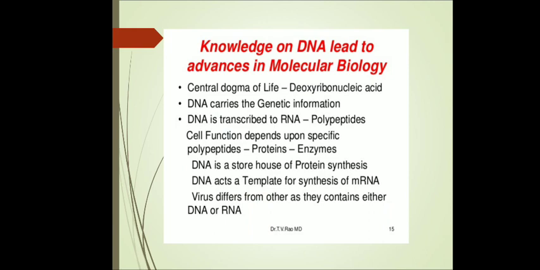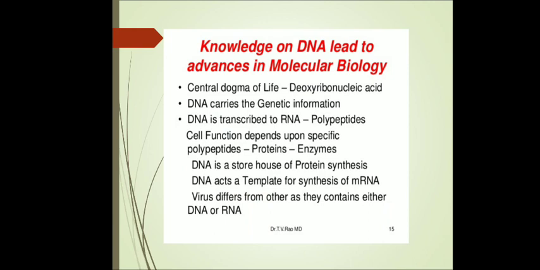Now if we consider molecular biology, we have seen the central dogma of life, in which DNA is very important, as it carries genetic information from one generation to another. When this DNA is transcribed to RNA, there is a formation of a polypeptide chain, and this process is known as the transcription process.